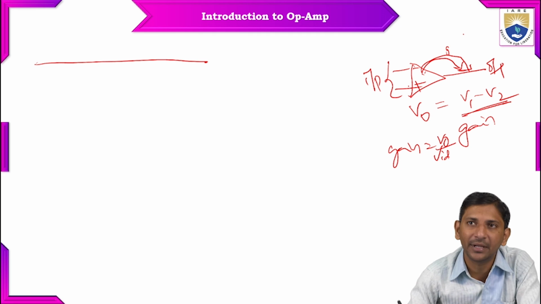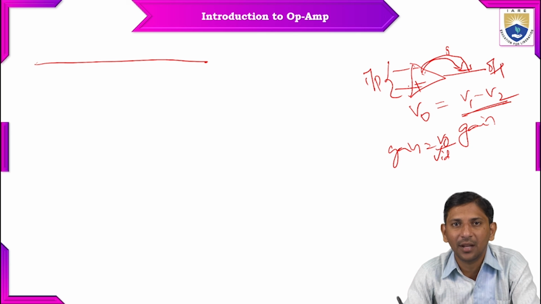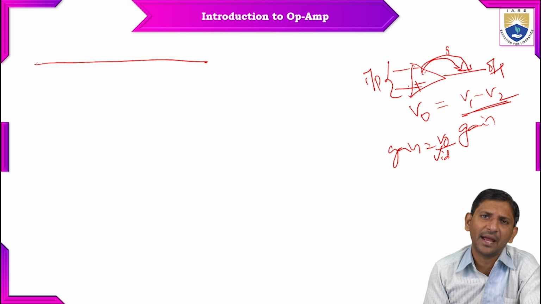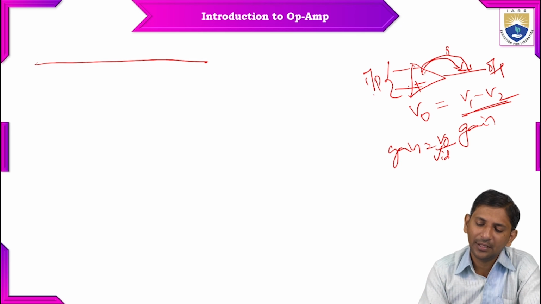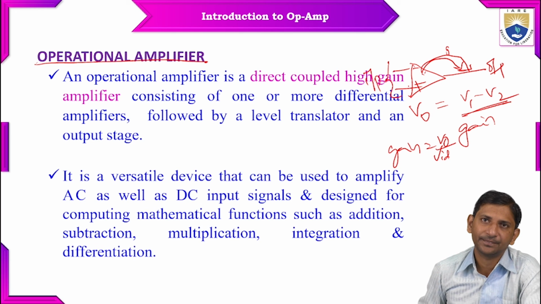Multiple operations can be performed using a single chip, which is called an operational amplifier. The operations can be adder, subtractor, multiplication, then amplification, oscillation, signal generation, etc.